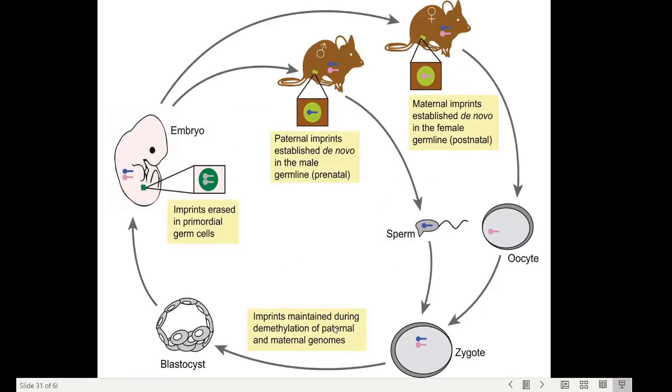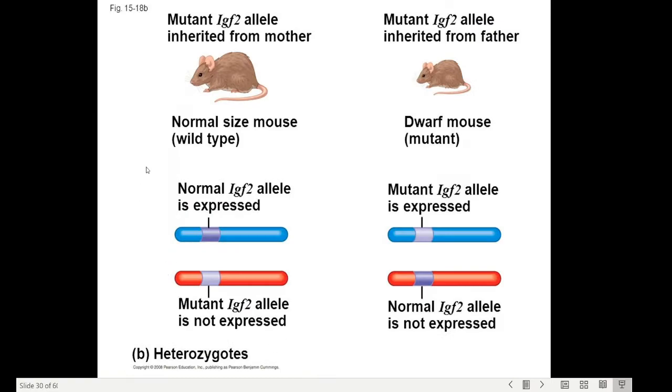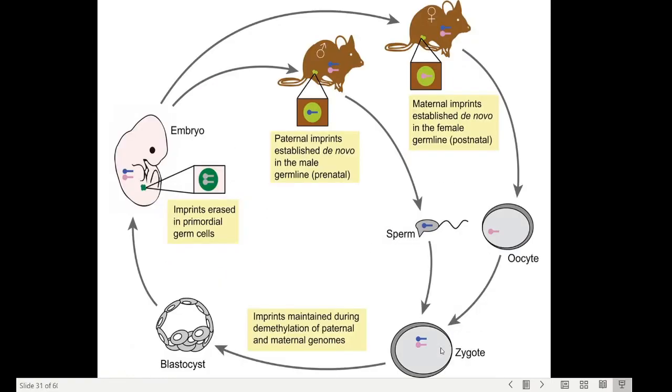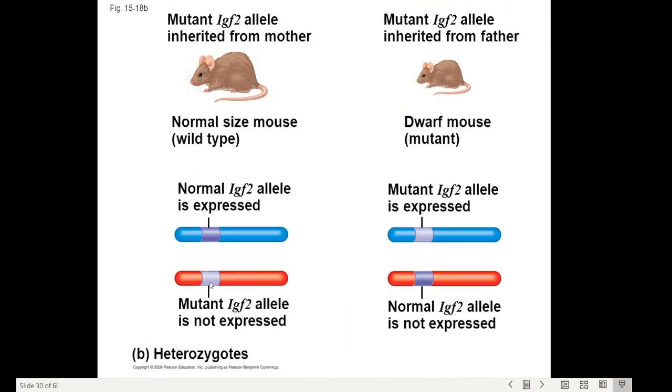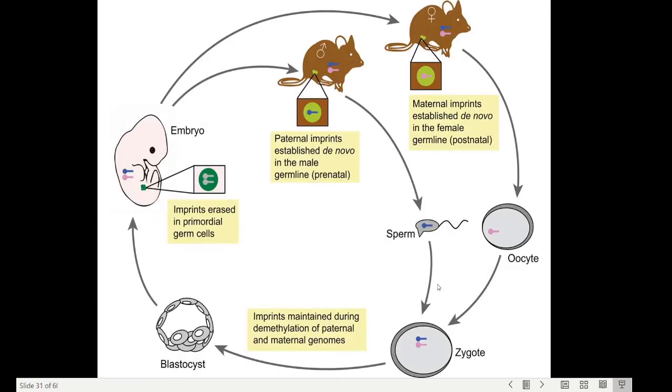After the father and mother gene expression, it enters the developmental stage. First the imprinting is erased, so this character or that character may be erased in the first step. Then it enters parental imprinting.